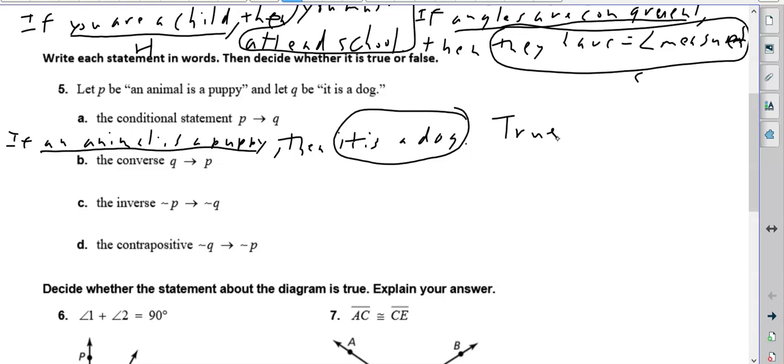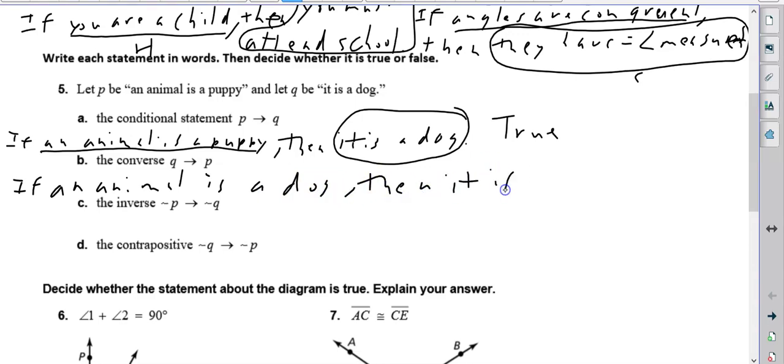Now, the converse. So the converse, we just switch them. So it says if Q, then P. If an animal is a dog, then it is a puppy.